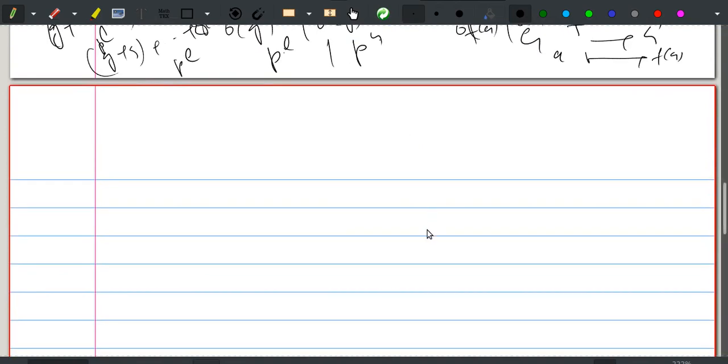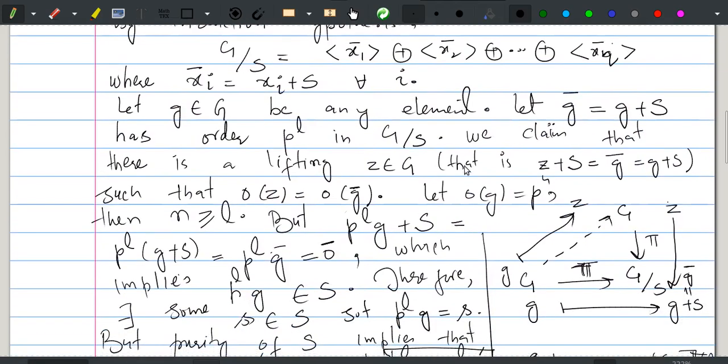Now this is our claim here. We have claimed that we have a Z in G such that the order of Z is the same as the order of G bar.